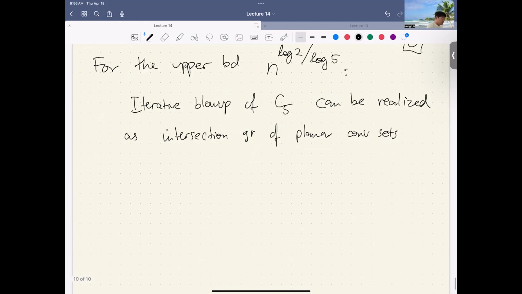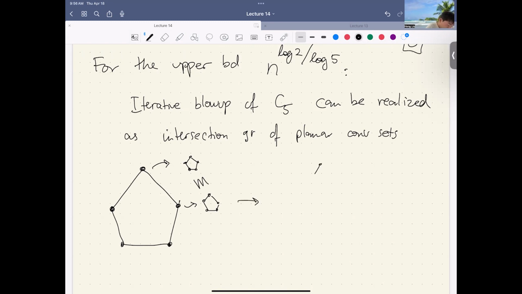So what's iterative C5? Well, you start with the first step. You start with C5. Now replace each vertex by its own copy of C5. And between different vertices, you put a complete bipartite graph. All right, so next step, it becomes this.